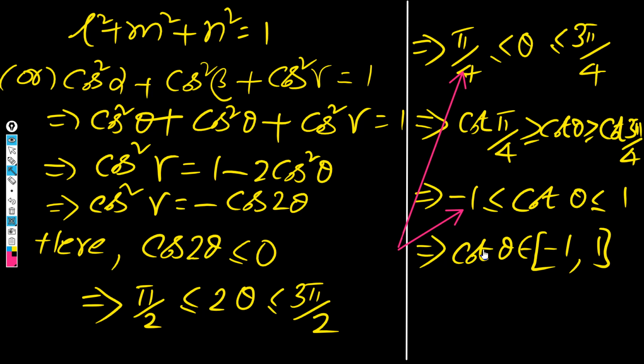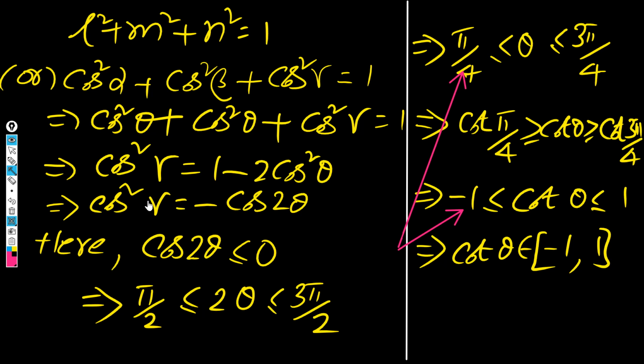But he has given that the angle made by the line with x and y axis is theta. So I replace alpha with theta and beta with theta, gamma as it is. So cos square theta plus cos square theta plus cos square gamma is equal to 1. So cos square gamma is equal to 1 minus 2 cos square theta, which is minus cos 2 theta.